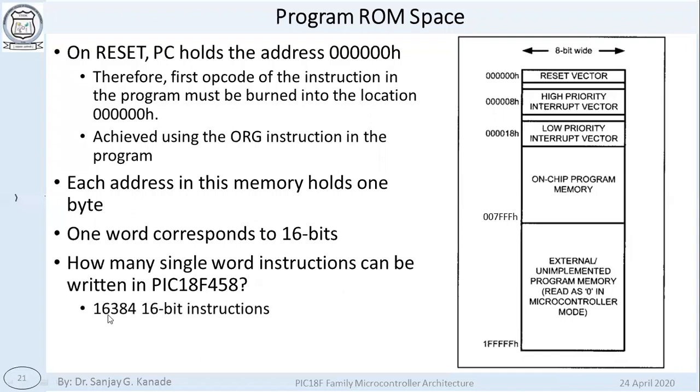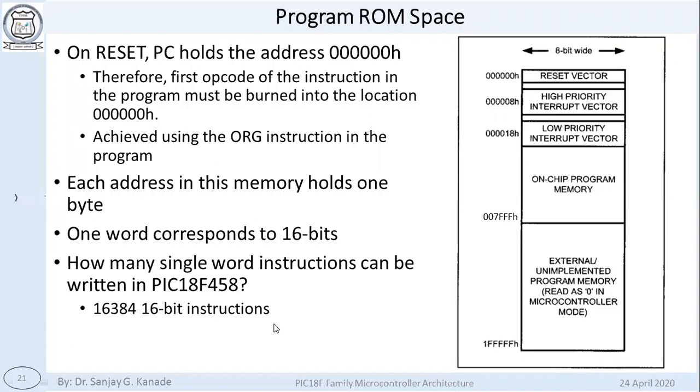We can write 16384 16-bit instructions inside the program memory. How come this much? How come these many instructions only? Okay, now I will give you this as a problem for tomorrow before starting tomorrow's lecture.